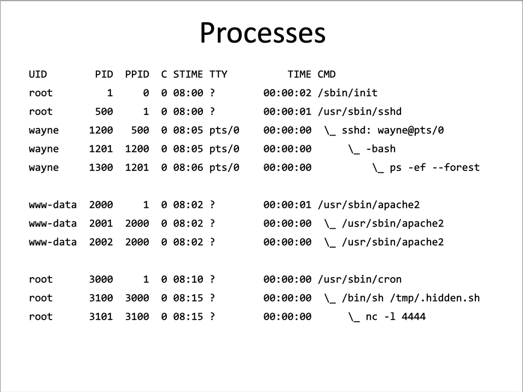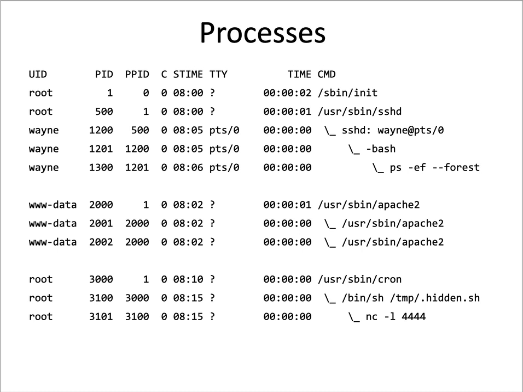We haven't talked about it yet in great detail, but this is the output of the ps command with the --forest option, and it kind of gives you a hierarchy. For example, init started running, and then init spawned sshd, secure shell daemon, which is me logging into the machine.